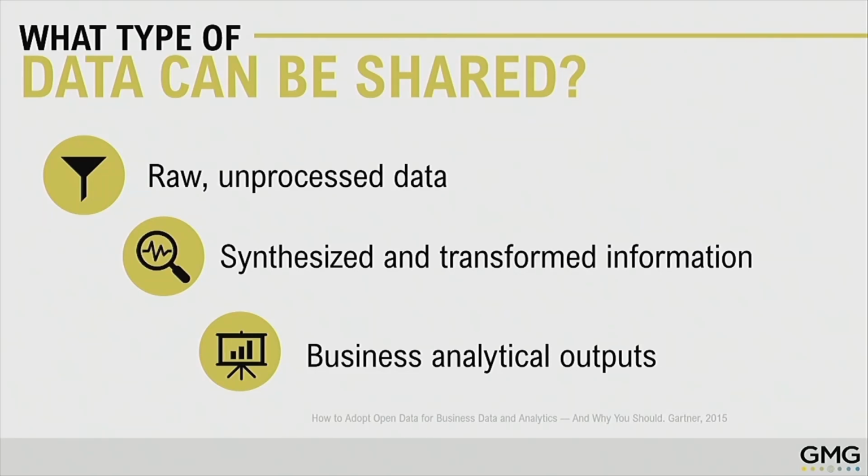We'll transform it in some way. We might take noise out, so we're cleaning it up, making it more sensible. And then further on down the line, we put more business intuition into it. We analyze it further. So you can see almost in that progression, the raw unprocessed data is actually easier to give out, because it's just raw data.